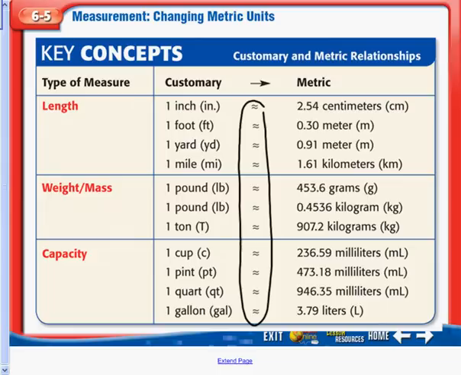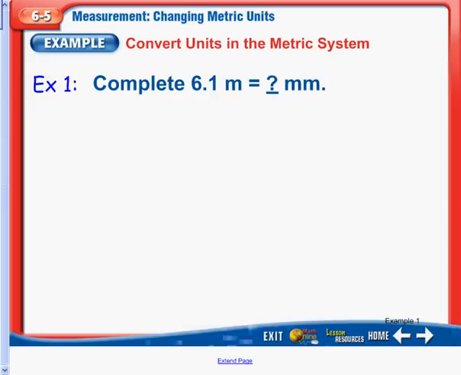And again, 1 yard, following that math, is 91 hundredths of a meter. It can also go the other way, as 1 mile is 1.61 kilometers, and so on. We will refer back to that chart a lot. It's good to have those numbers handy.